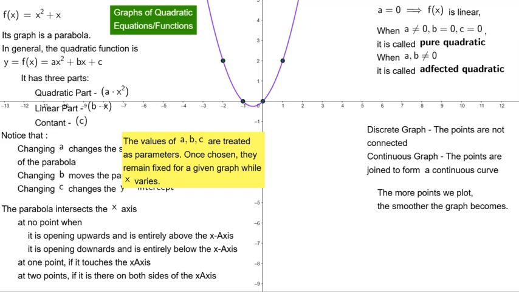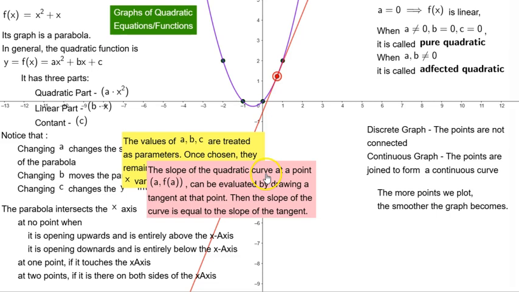So to figure out the slope at a given point, we take a point and draw a tangent through that point, tangent to the curve. So notice this tangent line is changing. That is, its slope is changing. That means the slope of the quadratic curve is changing at different points on the curve.